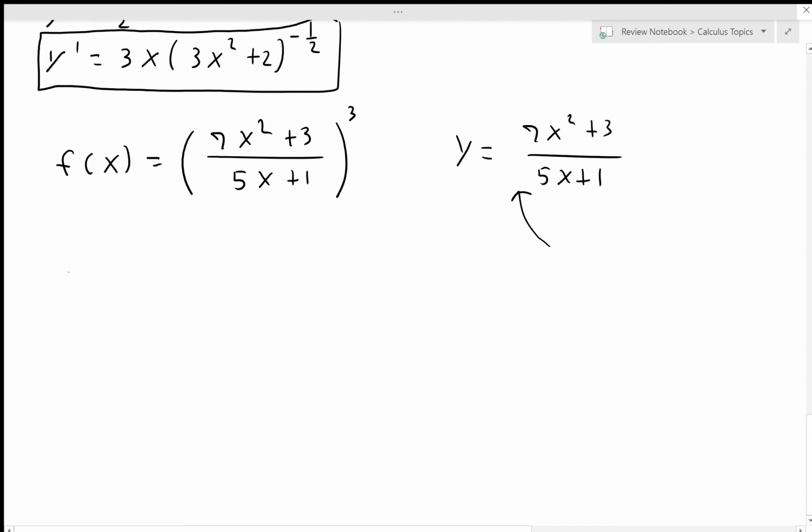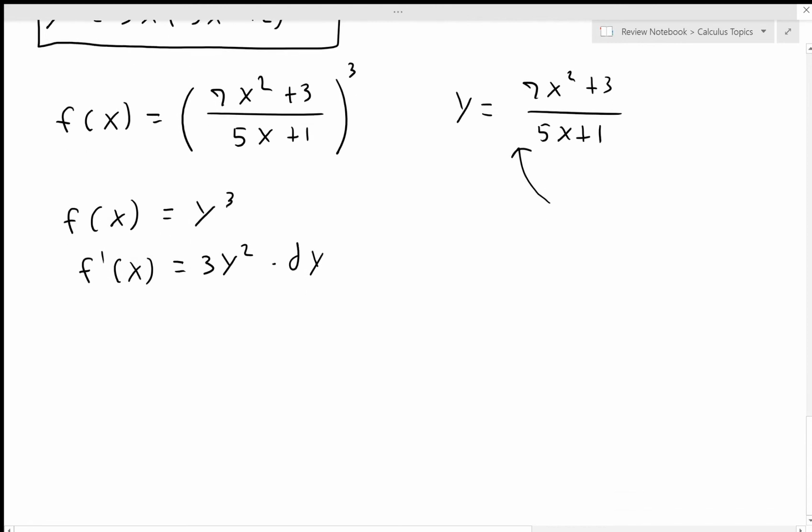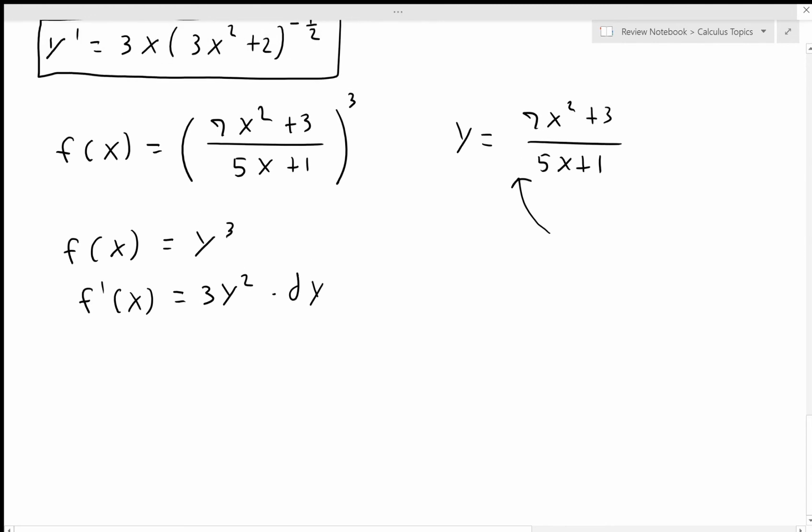So now we have the problem f of x equals y to the third. If we were to derive this, we'd know f prime of x equals 3y squared times the derivative of y. So we have y, we need to find the derivative of y. That would be kind of a review.